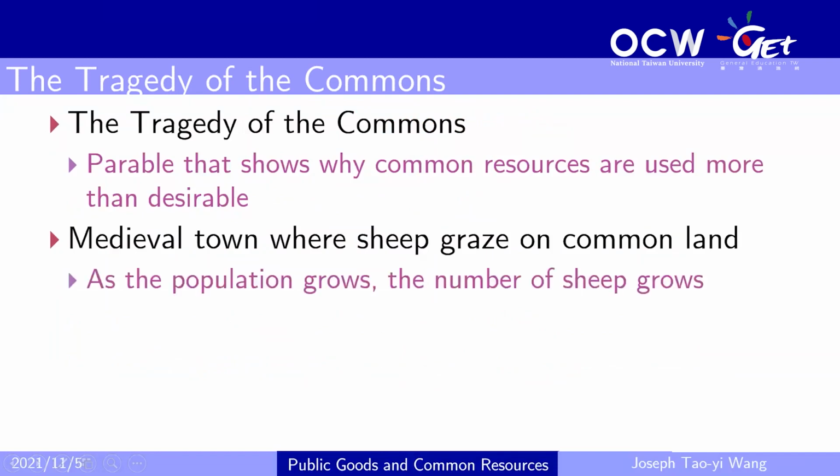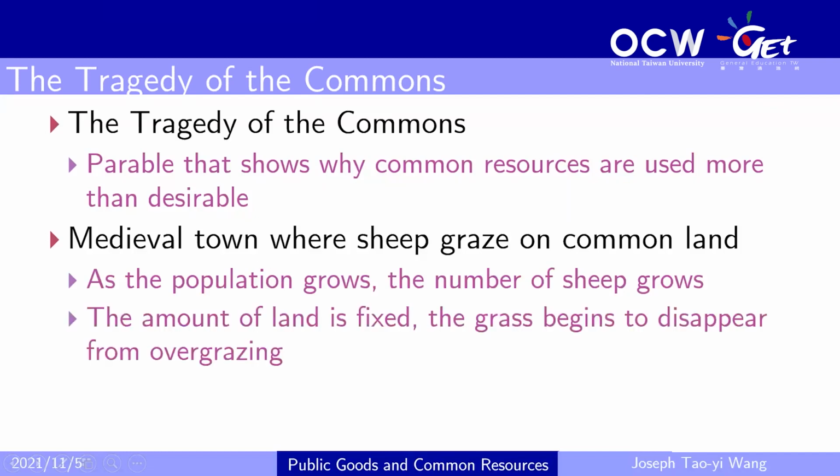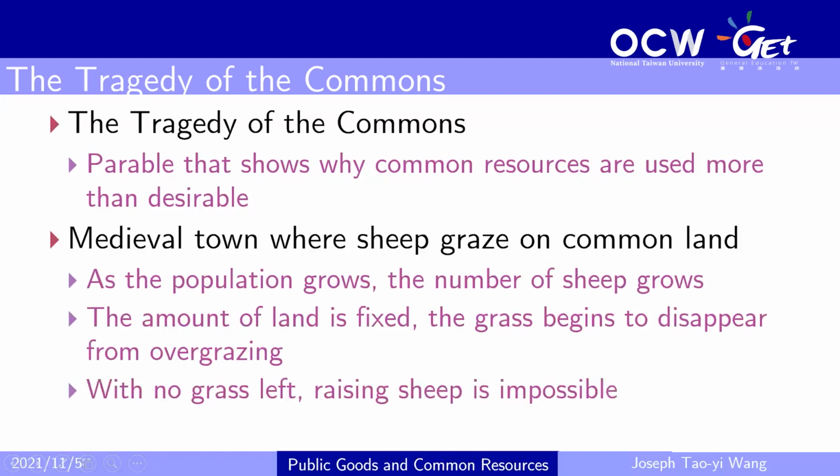But then as the population increases, the number of sheep also increases, but the land is fixed. And so the grass starts to disappear because too many sheep are enjoying the grass. And in the end, when the grass is all gone, then you can't feed any sheep anymore. So that's the parable for the tragedy of the commons.